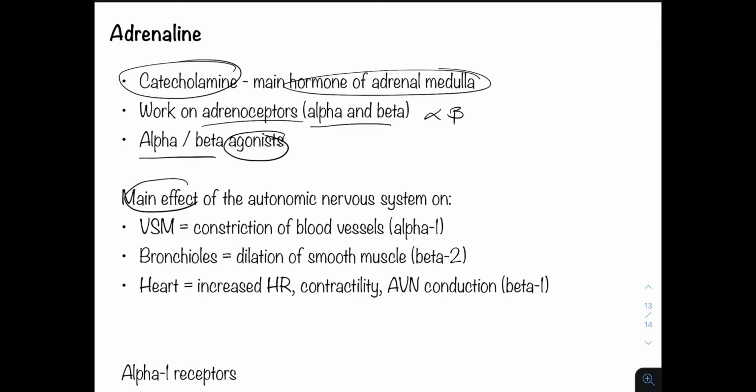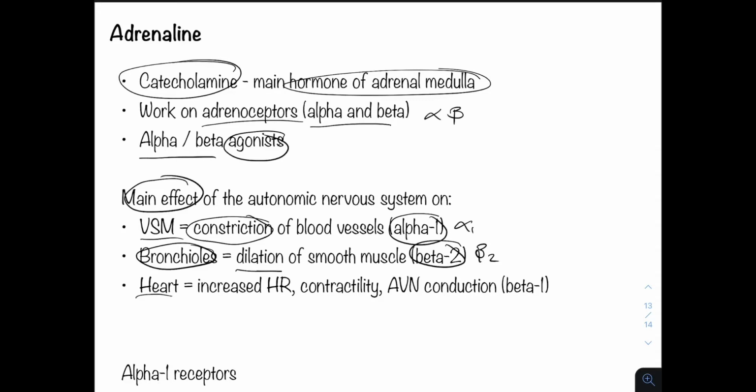Its main effect on vascular smooth muscle is vasoconstriction, and this is achieved via the alpha-1 receptors. Its main effect on the bronchioles is dilation or bronchodilation, and this is achieved via beta-2. Remember that salbutamol is also a beta agonist and causes bronchodilation.